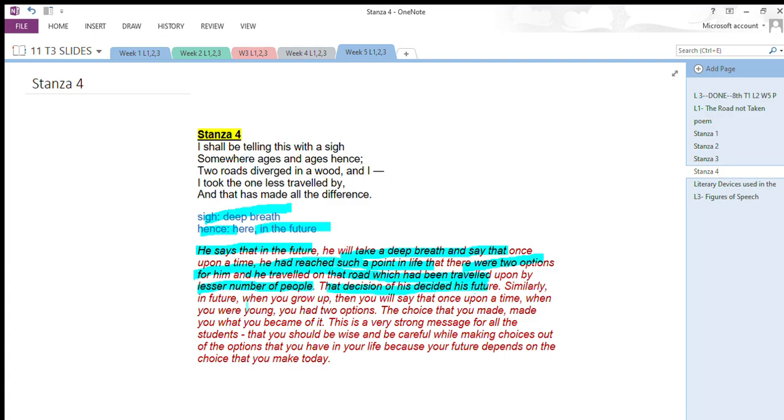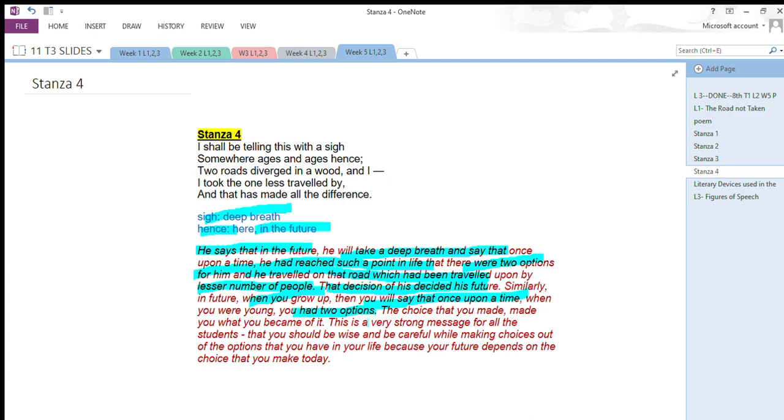Similarly, in future, when you grow up, you will say that once upon a time when you were young, you had two options, and there comes a time in your life where you have to make choices, where you have two options, and both the options look equally good, but you don't know what would be the result or the outcome of that choice. Okay, so we have to make such choices.